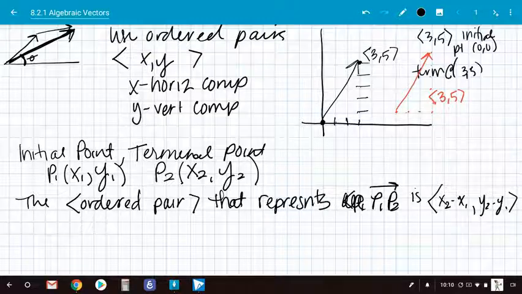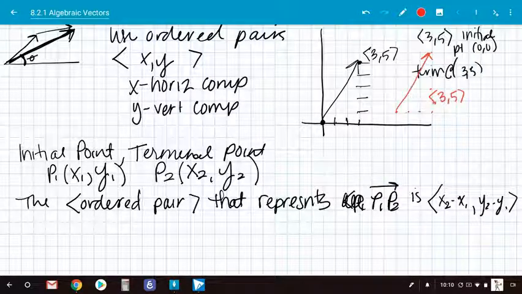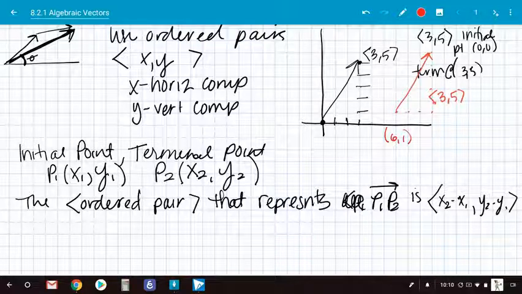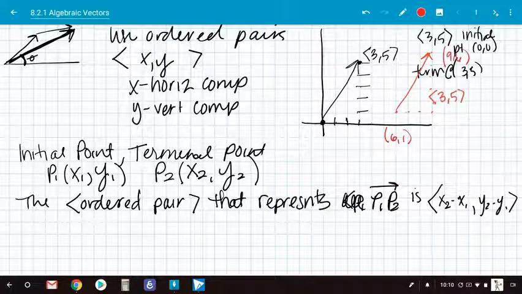I'll show you, for example, up here on my red line that I had before. So 1, 2, 3, 4, 5, this was over 6 and up 1. And then over to 9, 6. Sorry, mine got crowded.